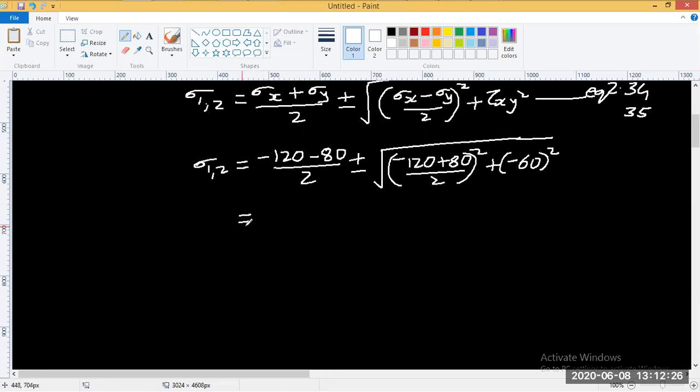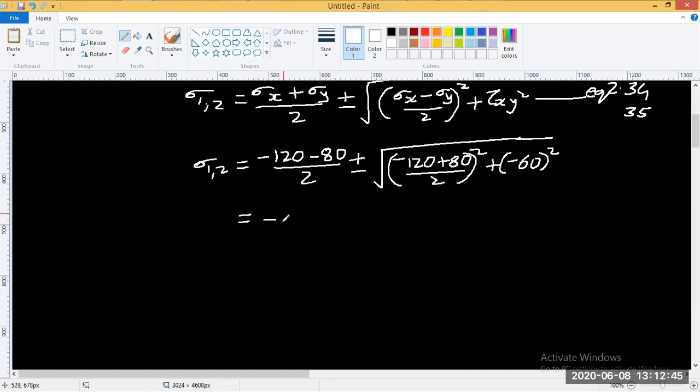Right, so we'll calculate this. Just try to calculate this and obtain sigma 1 and sigma 2 individually. Let me calculate. Side by side here we have -100.